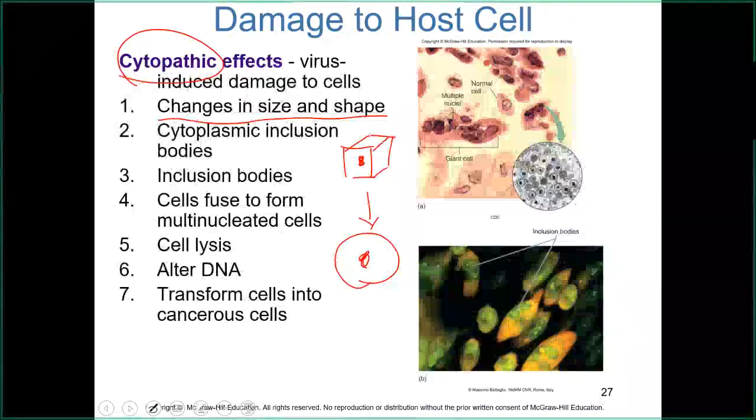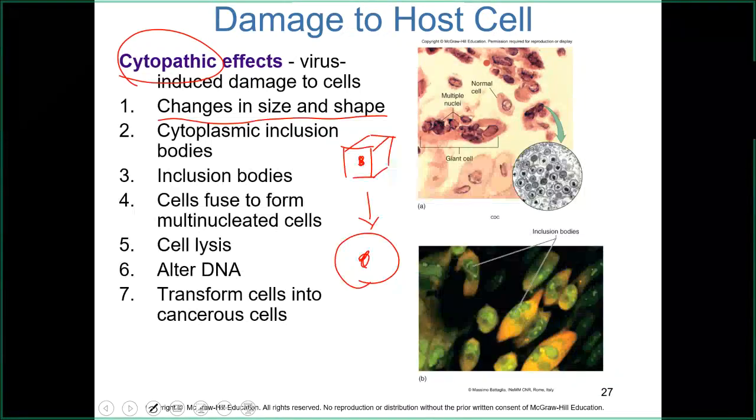Remember, cells have cytoskeletons that help them maintain their shape. So loss of the cytoskeleton may lead to this rounding out. And of course, other soluble proteins in the cytoplasm are lost too. The cell may then lose its capacity for water balance, and that could cause this rounding out as well. So we could look for that.